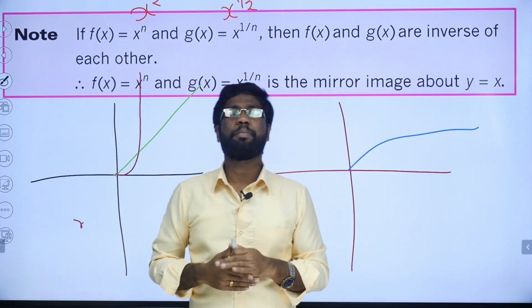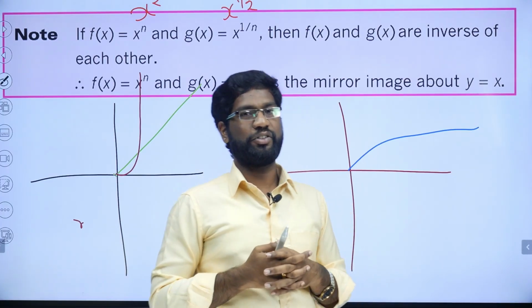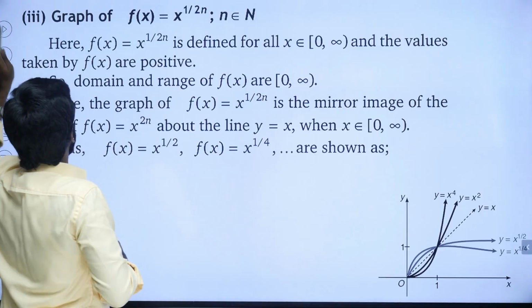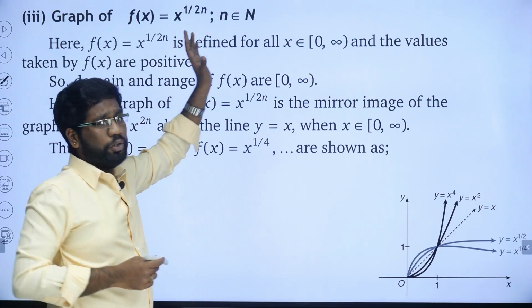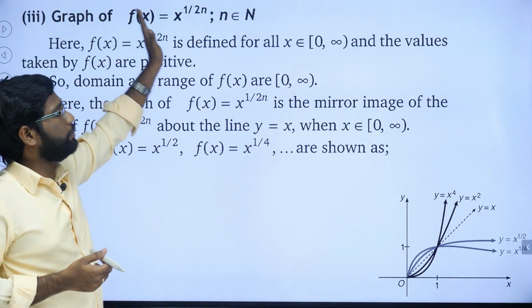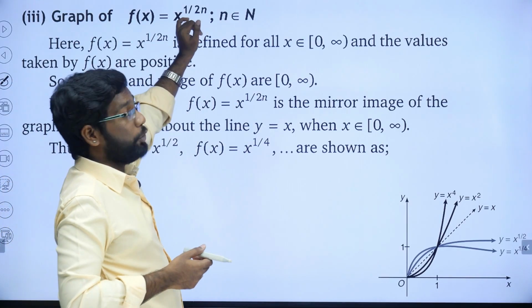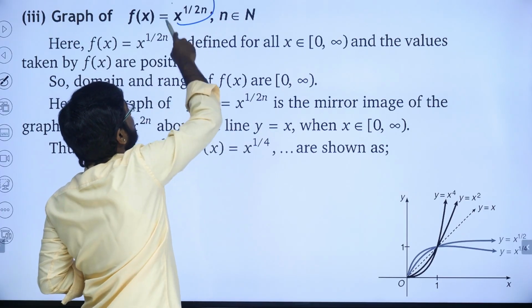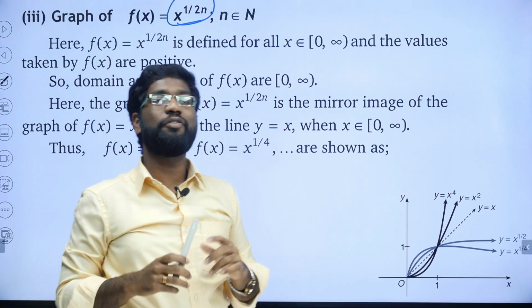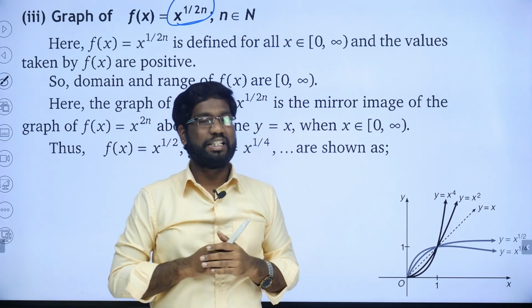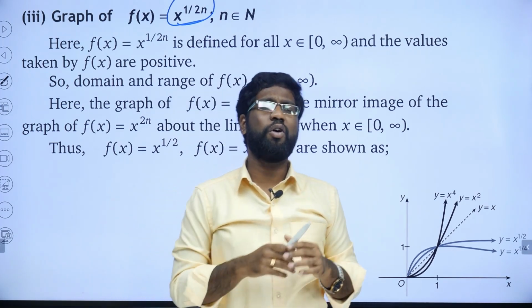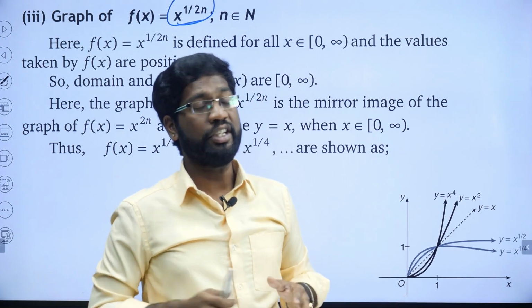In calculus, let me explain in depth to you, my dear students. So this is for f of x, x power 1 by 2n. For this, what I have explained before, everything comes true, my dear students. Whatever I have explained, domain, range, everything.